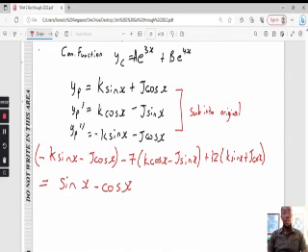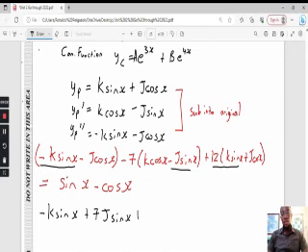So now you can expand out and simplify. Notice I have a minus k, I have a minus, and minus is really plus. With all the signs, I notice I have minus k sine x plus 7j sine x plus 12k sine x. That's equal to sine x.